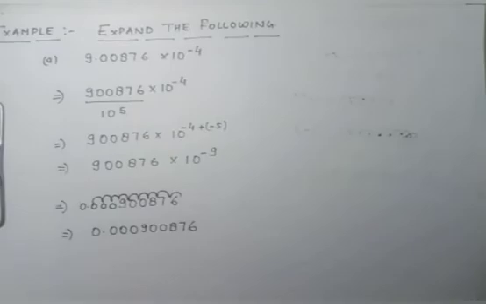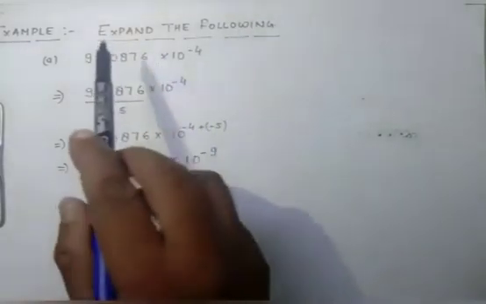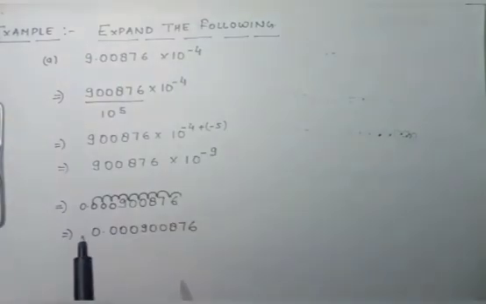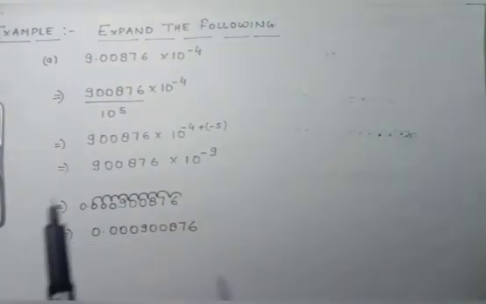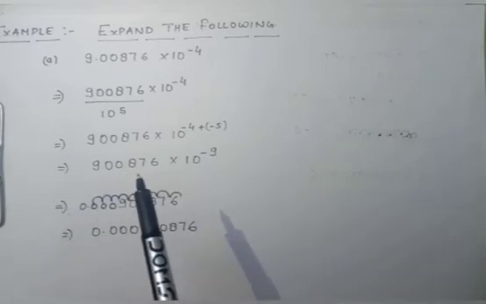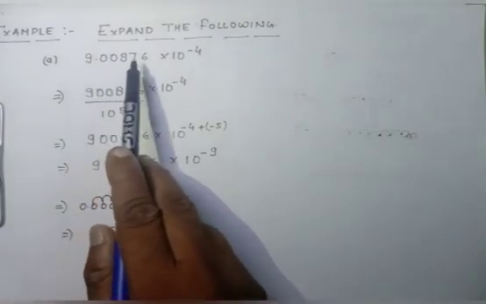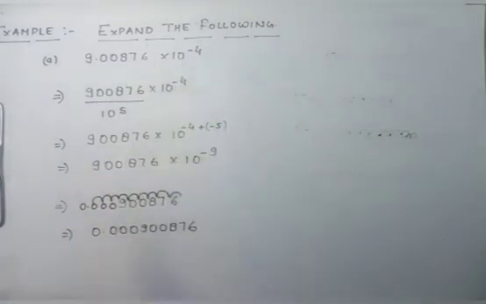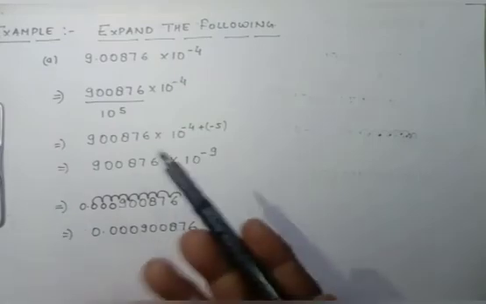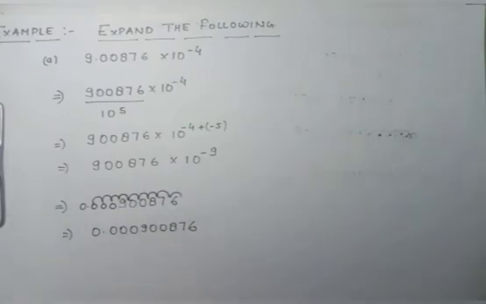Let us come to the last example, that is, expand the following. This question is very important, and look at this question very carefully because it is very tricky. The number given to you is 9.00876 into 10 to the power minus 4, and you have to convert it into expanded form, or you have to expand the following number.